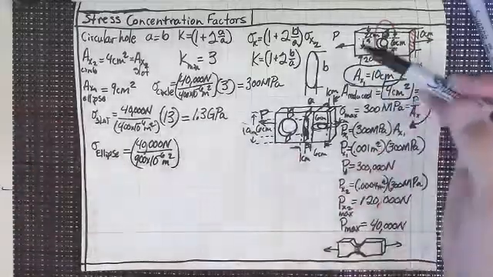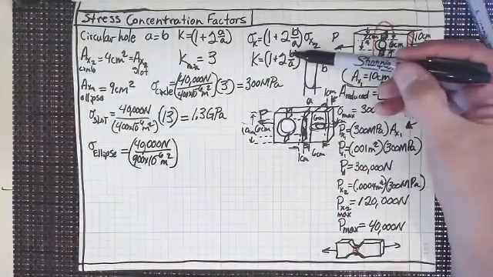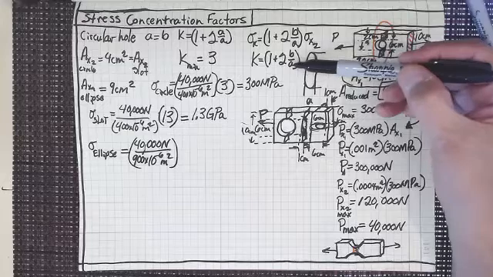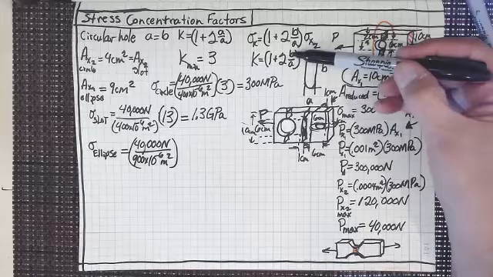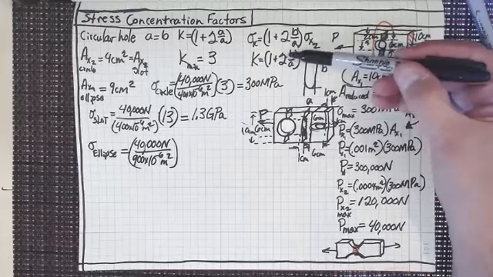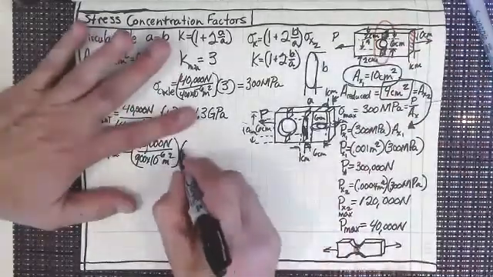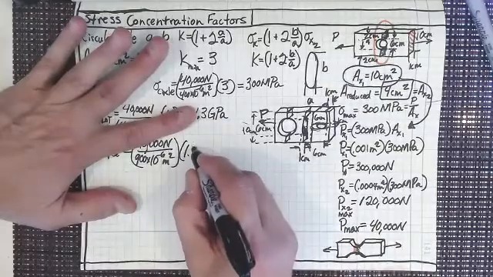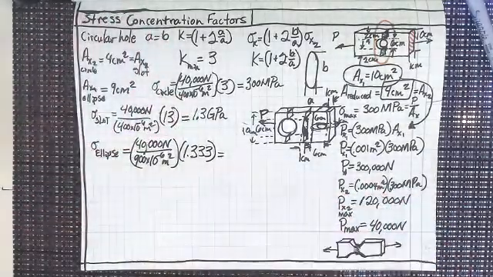And what's our stress concentration factor now? You know, B over A, isn't this 1 over 6? 1 over 6. That's 1/6. 1/6 times 2 is 1/3. So my K factor now is 1.333, isn't it? Oh my God.